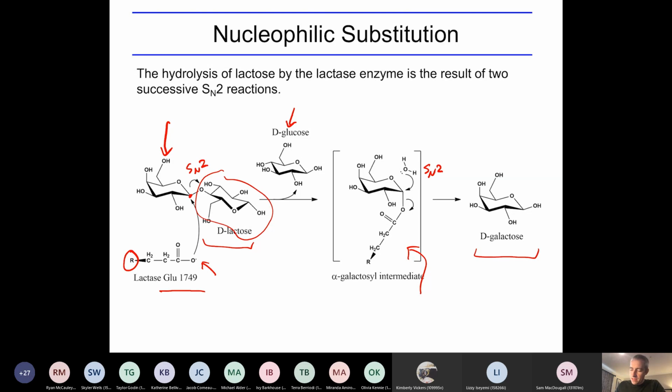So the rest of this group has a pocket, it has receptors that will hydrogen bond with the different OHs and makes it specific for the lactose molecule. So it'll fit in there very nicely. SN2 happens, second SN2 happens, and then we've broken up our lactose into these two separate sugars.